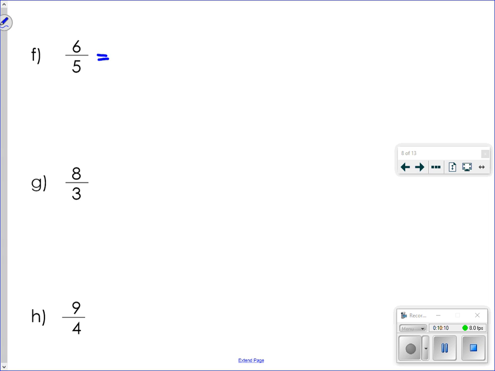No, still means we have 6 1/5. What about 8/3? Well, we have 8 1/3. Yeah. And what about 9/4? We have 9 1/4. Yeah, hopefully you were saying it before I said it, now that you see the pattern.